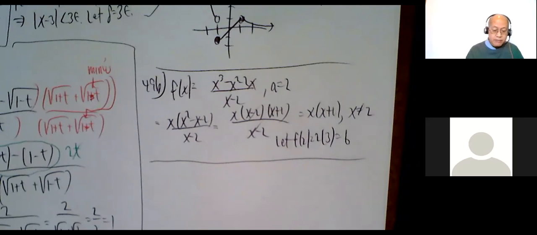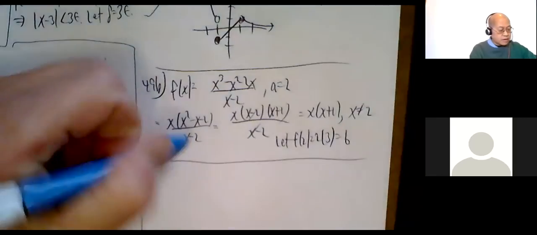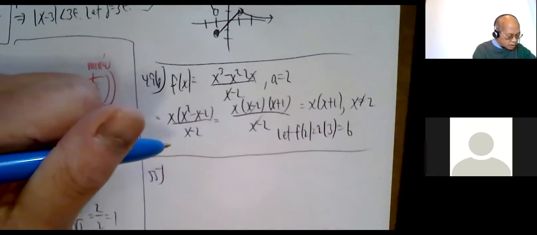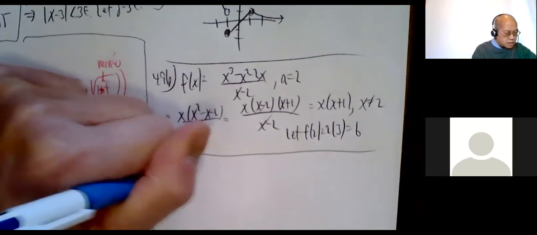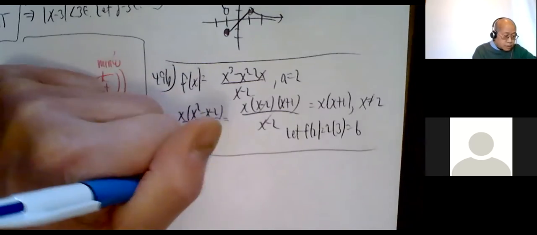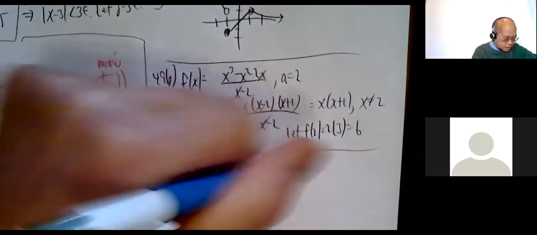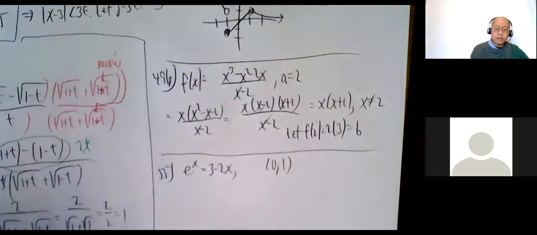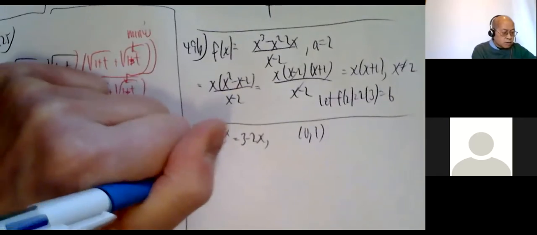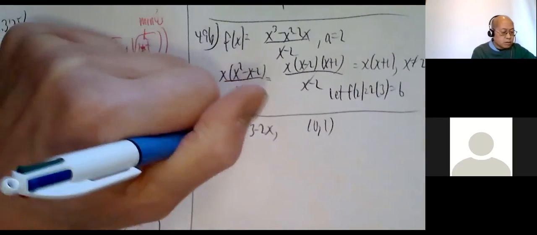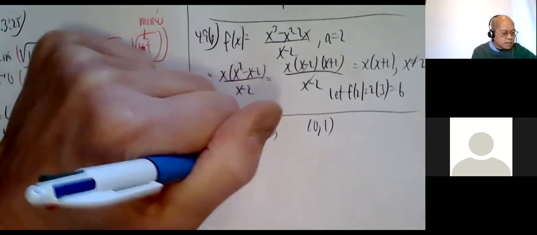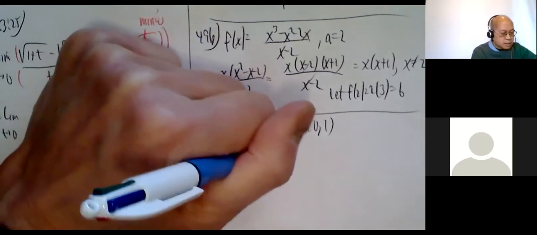Okay, 53 and 55. I'll do 55. The harder of the two. Intermediate value theorem. e to the x equals 3 minus 2x between 0 and 1. Okay, so get everything on one side. So if I throw these two over, it's e to the x minus 2x plus 3.